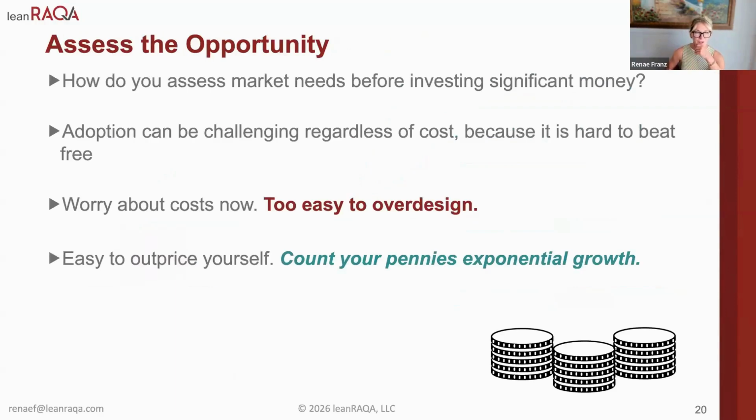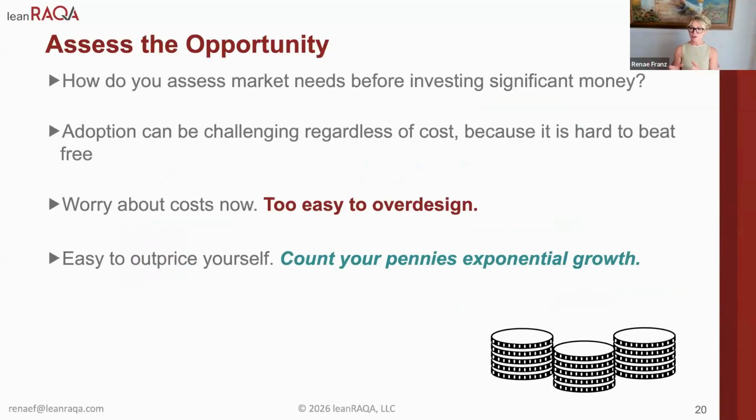So, assessing the opportunity. We've already talked at a high level about how to assess market needs before you invest significant money. And we've also talked about adoption. It can be really challenging because of those buckets I was telling you about: it's a known problem, it's an unknown problem.